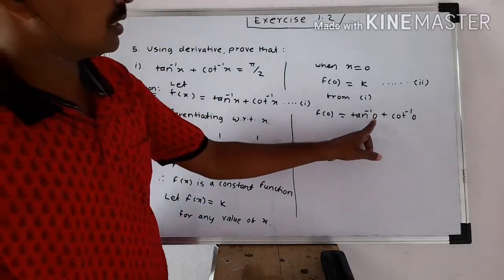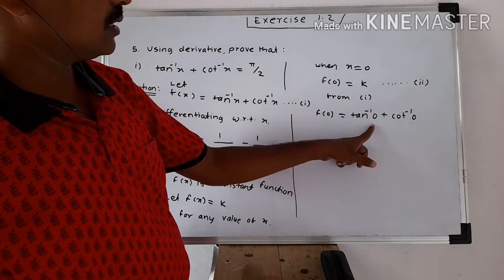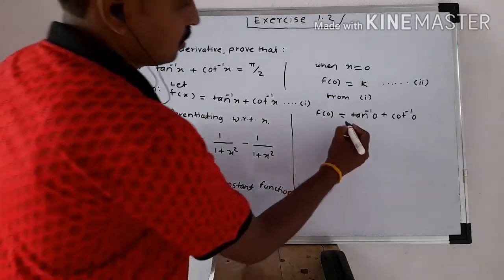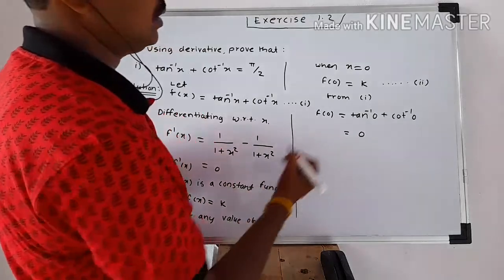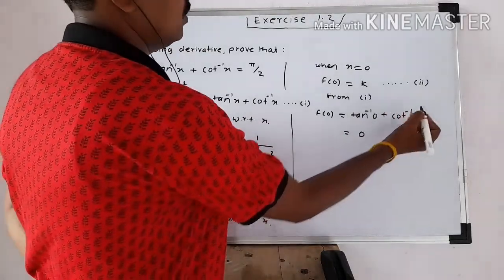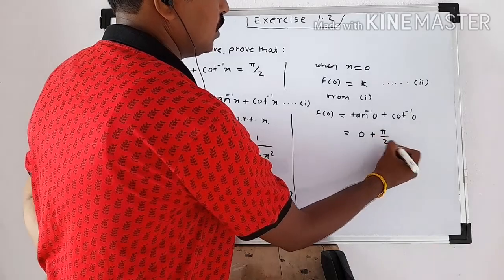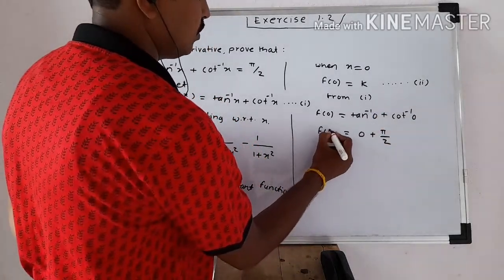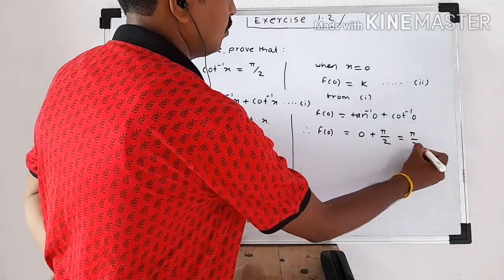For which angle is the tan value 0? For 0, the tan value is 0. And for which value is the cot value 0? For pi by 2 the cot value is 0. Therefore cot inverse of 0 is pi by 2. Therefore f of 0 equal to 0 plus pi by 2 equal to pi by 2.